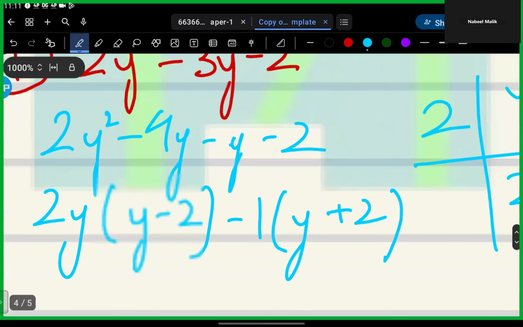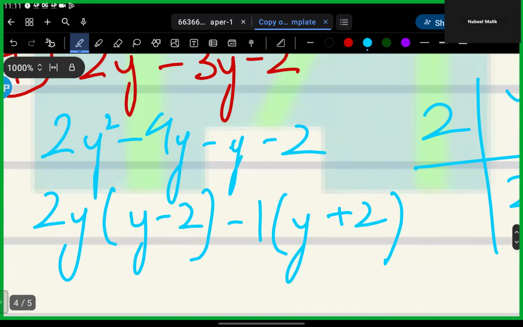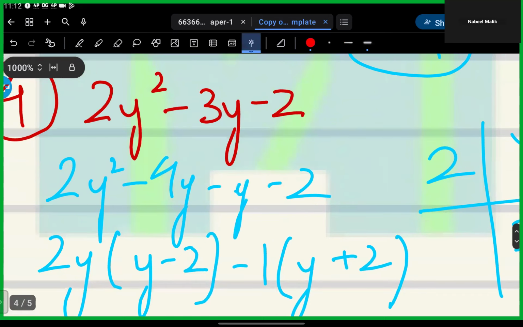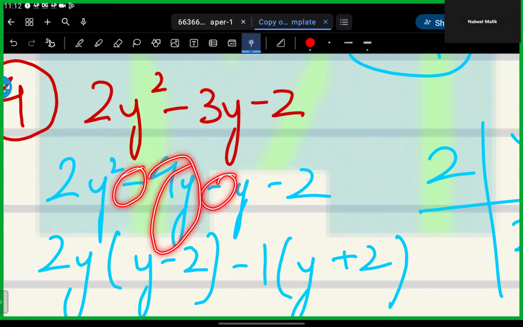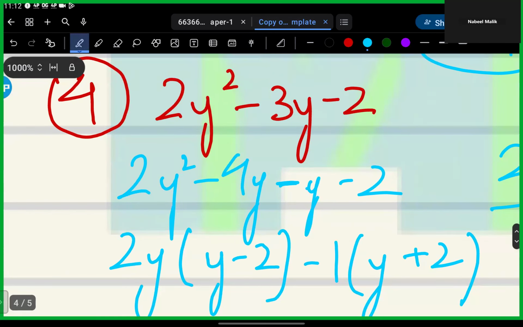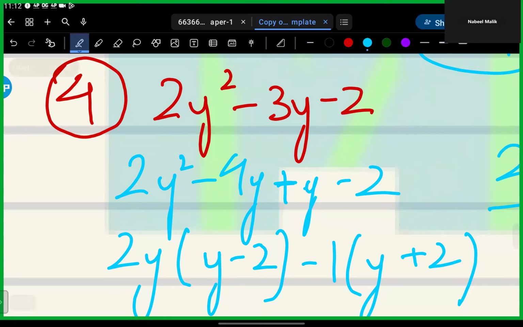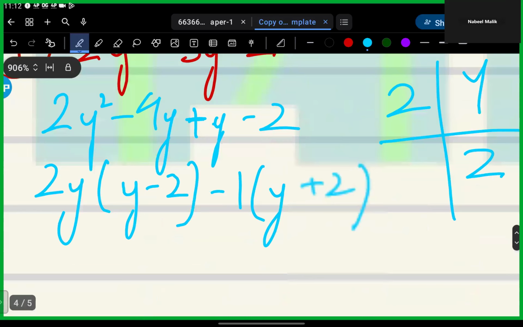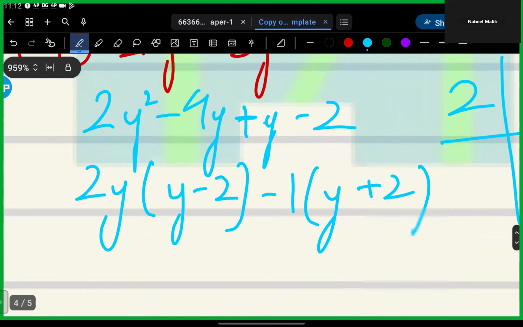If there was a five over here, then this would be correct because minus minus means they both will add, and 4 plus 1 is 5, so it is going to go minus 5y. But as over here there is 3, I have to write this as plus so that they can minus, and then now I think everything should be correct.